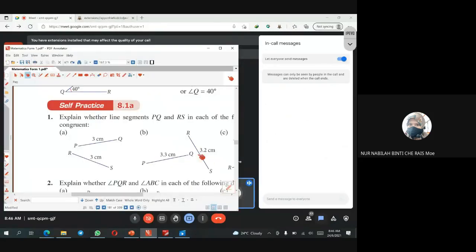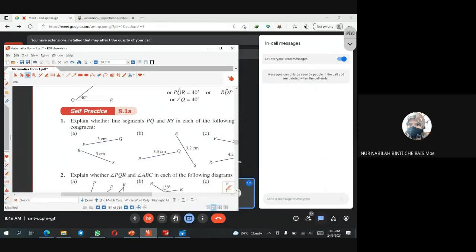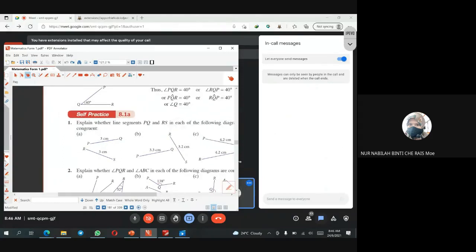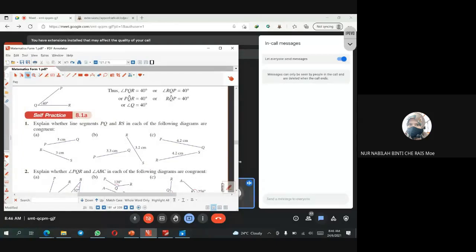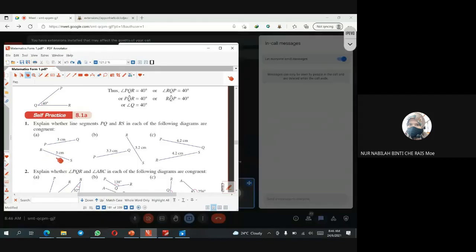Okay, so explain whether line segments PQ and RS in each of the following diagrams are congruent. Is number 1A congruent or not? Congruent, because PQ is 3 cm and RS is also 3 cm.